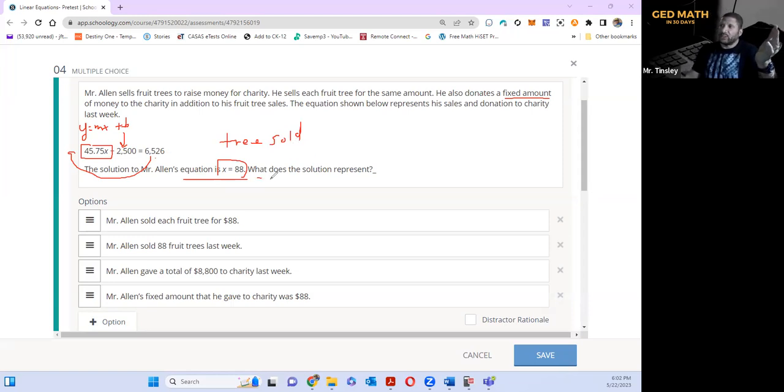They're asking, what does this solution represent? Well, X means how much you're going to make if you sold 88 trees. Okay, we already know how much they cost, $45.75, so we know it's not A. Mr. Allen gave a total of 8,800 last week. No.